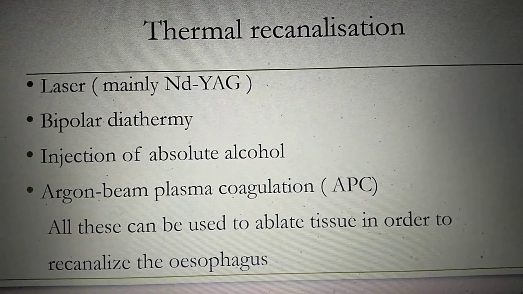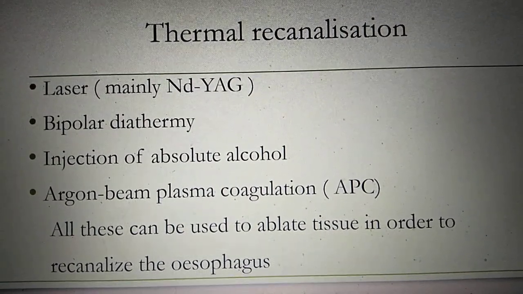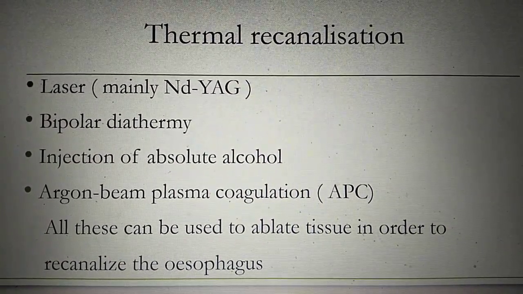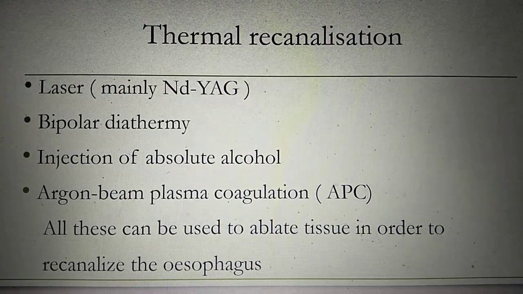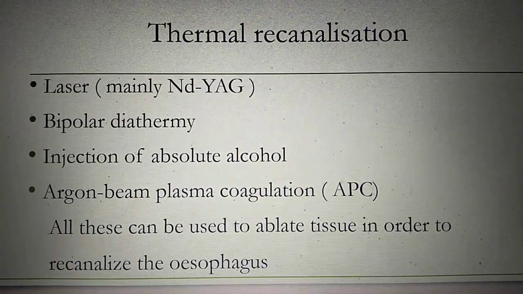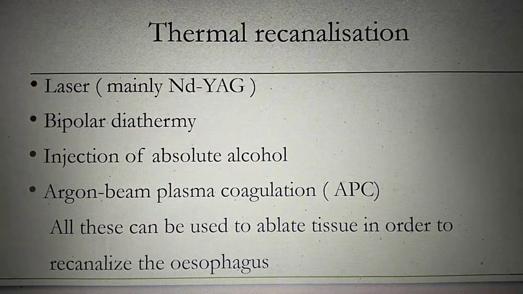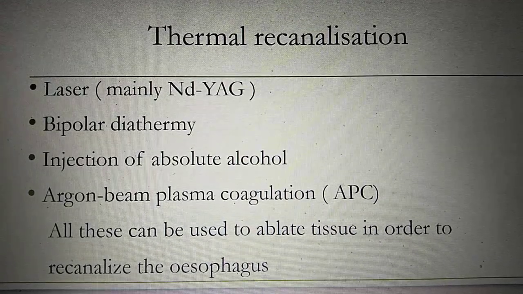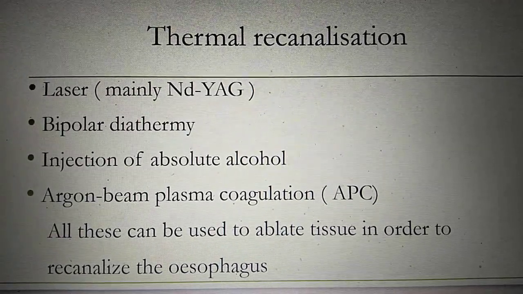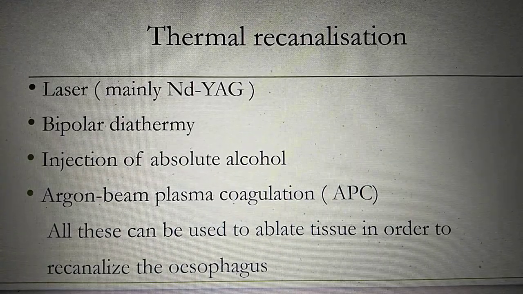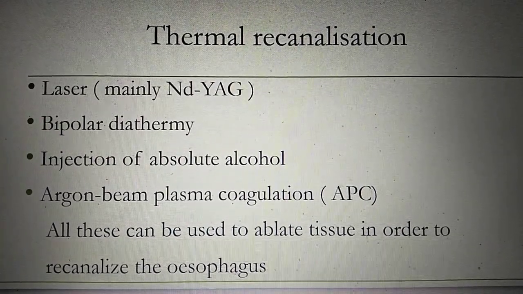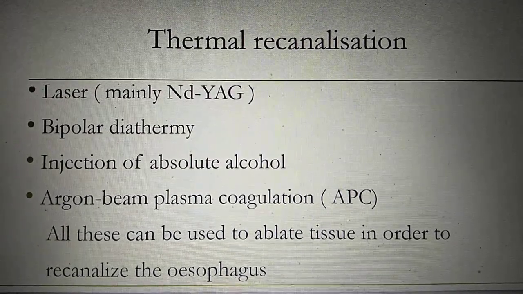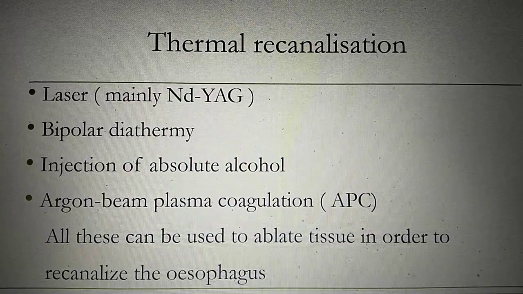After dilatation of stricture, the second very important therapeutic procedure done over the esophagus is thermal recanalization. You need to remember these four things: the laser, mainly the ND-YAG laser, bipolar diathermy, injection of absolute alcohol, and APC, that is argon beam plasma coagulation, whenever there is bleeding from the esophageal junction or the strictures.